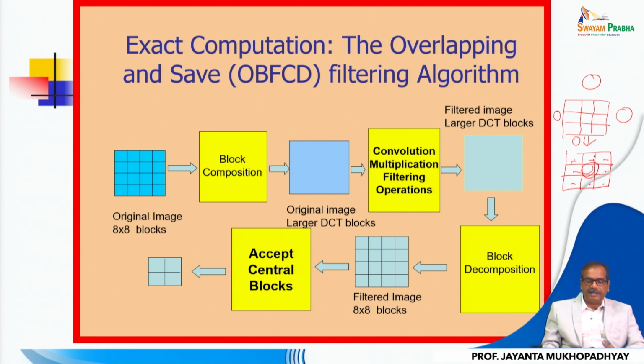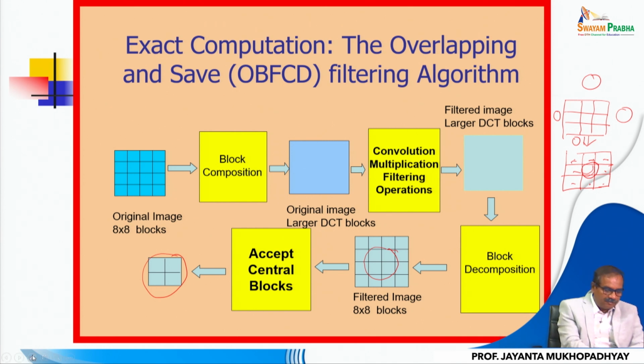So this is the overlap and save filtering algorithm. This is what is described here. It's the same operation. You only accept, while saving, since I have shown it with respect to 4 cross 4, 4 central blocks here.